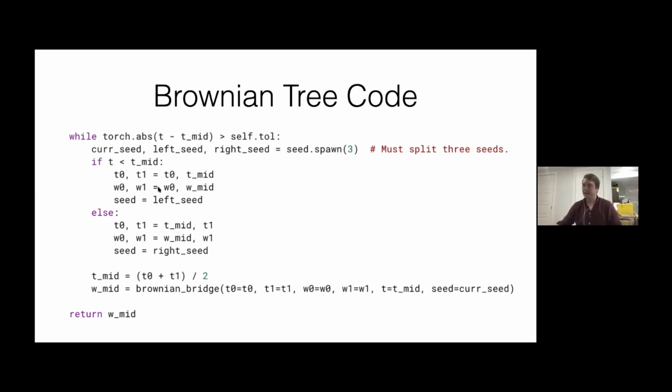And then it looks like a recursive algorithm that goes to the left or the right and then calls itself again with half the scale. Anyway, I think this could be more generally used for anyone writing algorithms for sampling random processes. Okay, any questions about the virtual Brownian tree?